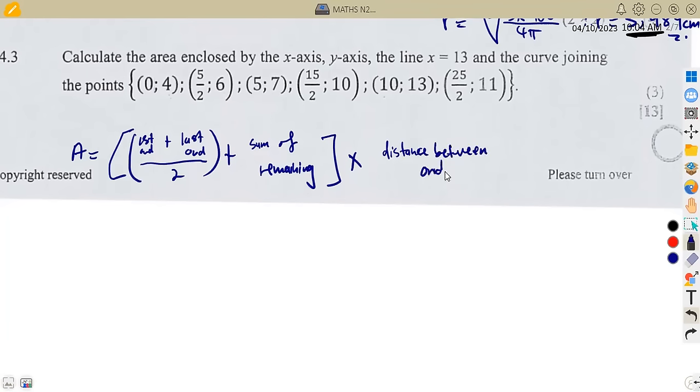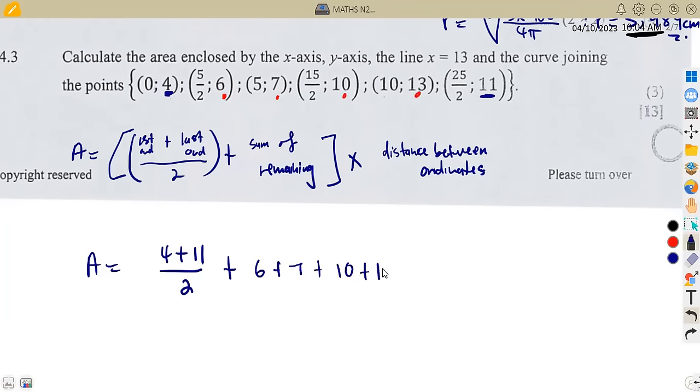In this case, the first ordinate, the value of y, is 4, and the last is 11. So it's going to be 4 plus 11, everything over 2, plus the sum of the remaining values of y, which are 6, 7, 10, 13. So we add 6 plus 7 plus 10 plus 13.